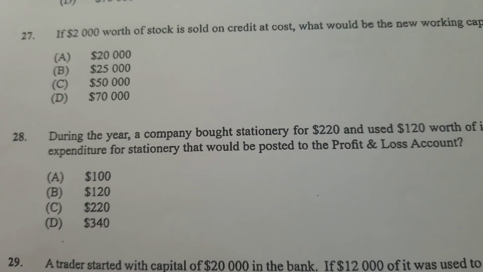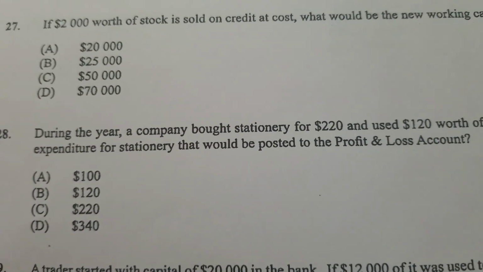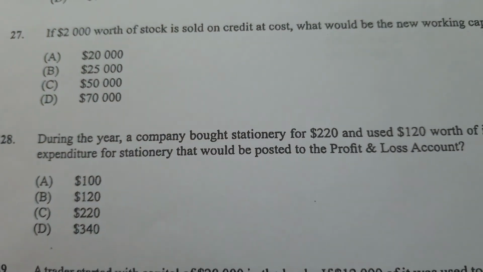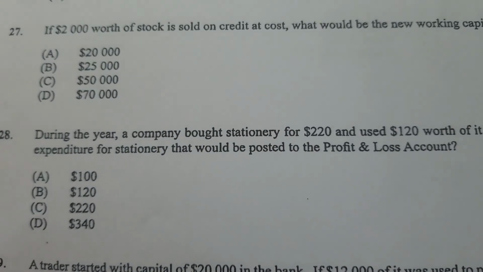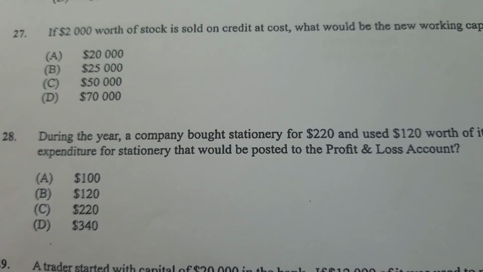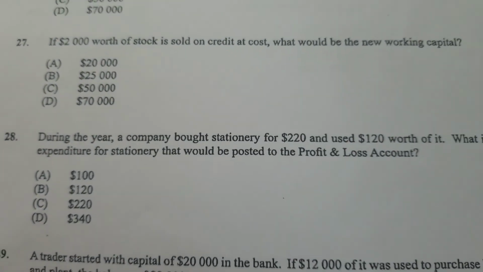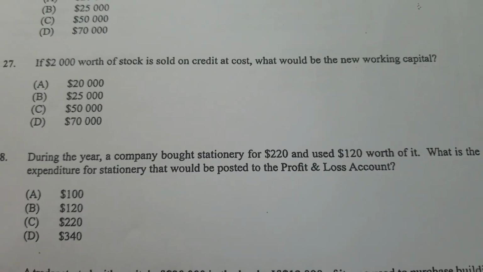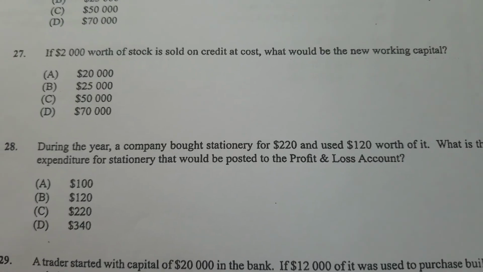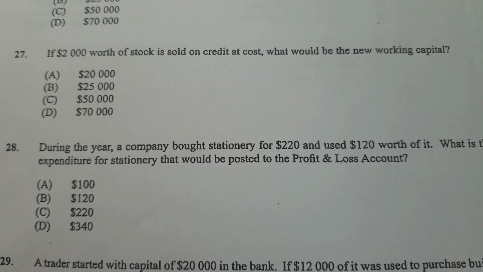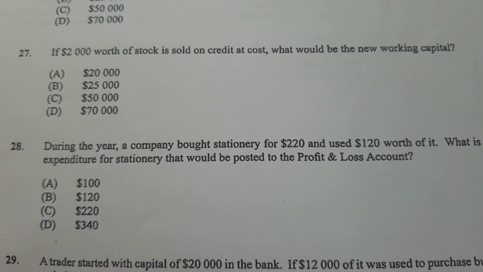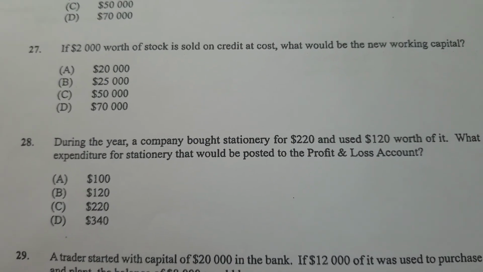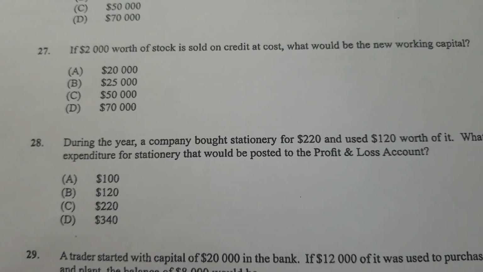We're now at 28. During the year, a company bought stationery for $220 and used $120 worth of it. What is the expenditure for stationery that will be posted to the profit and loss?